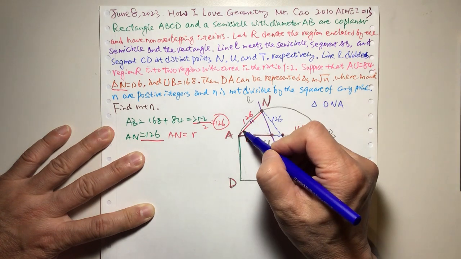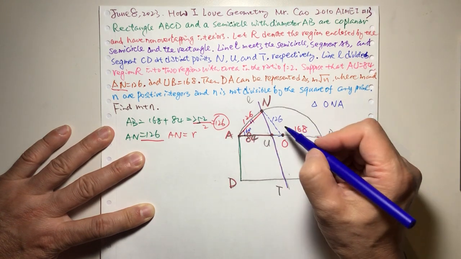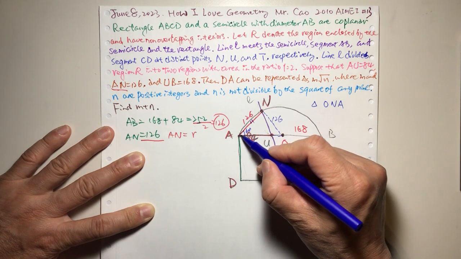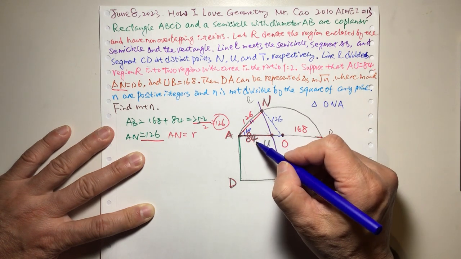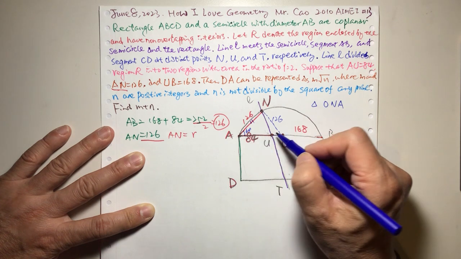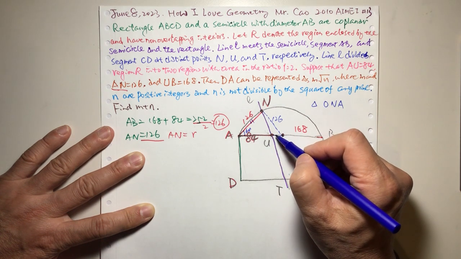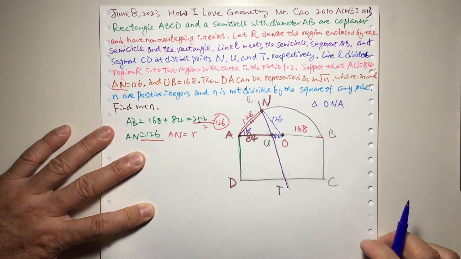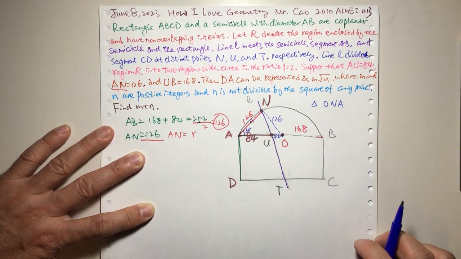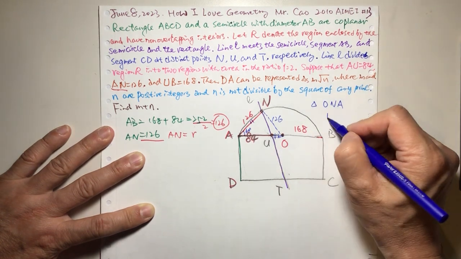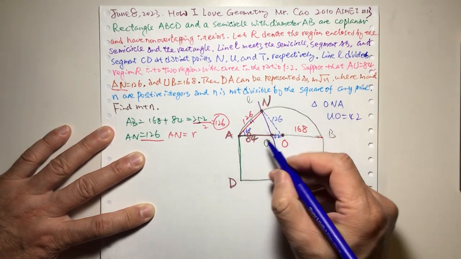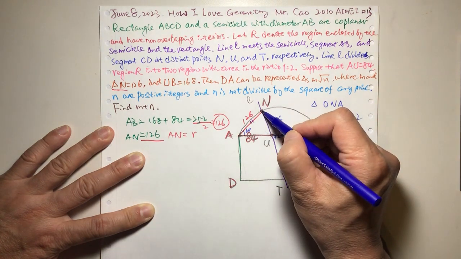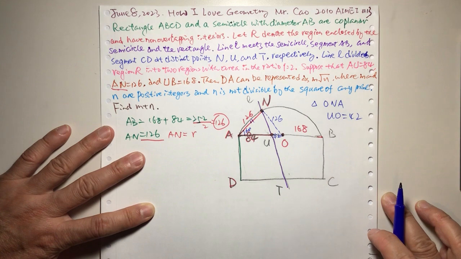Then we know this angle is 60 degrees, and this side is also 126. So how long is UO? It is 42, right? UO is 42. 42 plus 84 is 126. And this makes the problem much simpler now.